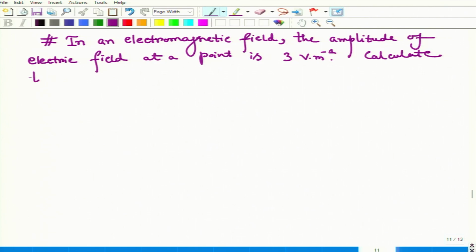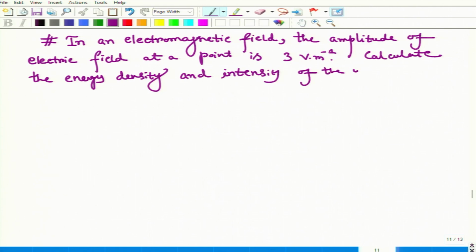Calculate the energy density and intensity of the wave at that point. Given mu naught is equal to 4 pi 10 to the power minus 7 Henry per meter.